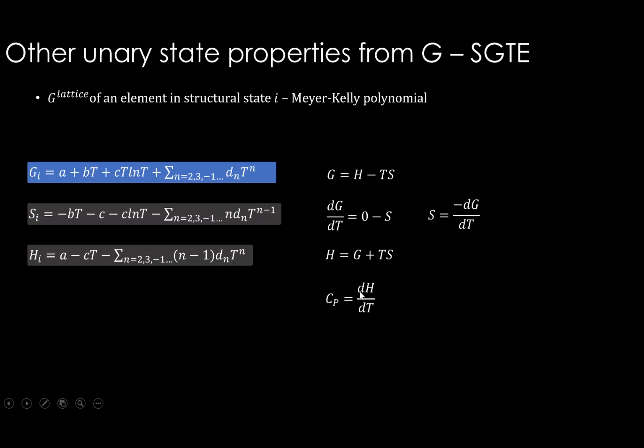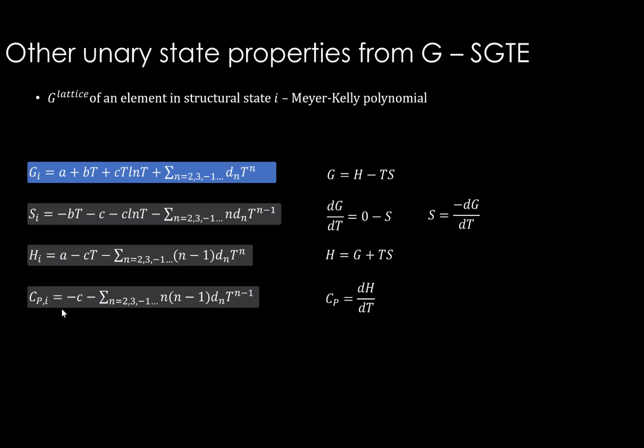At constant pressure, dH is equal to delta Q, you remember. So the amount of heat required for a temperature rise, that is Cp, and we can differentiate H with respect to T and get Cp. So this is how we can get other thermodynamic quantities from Gibbs energy.